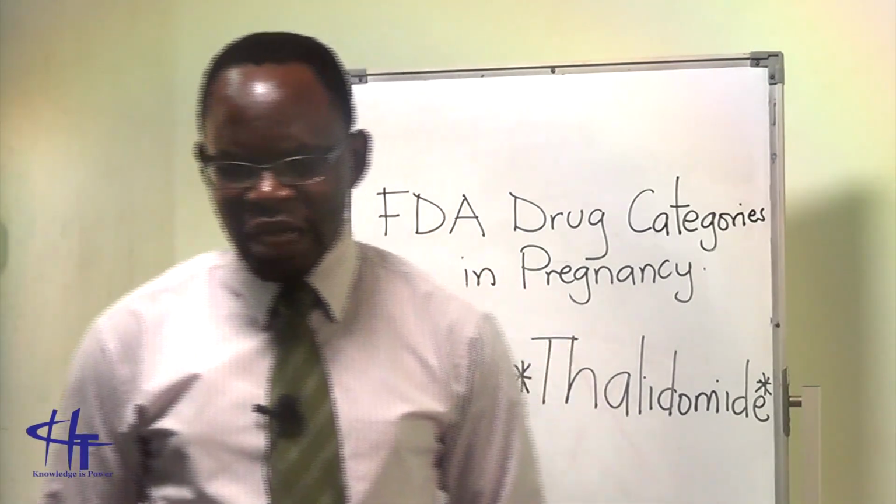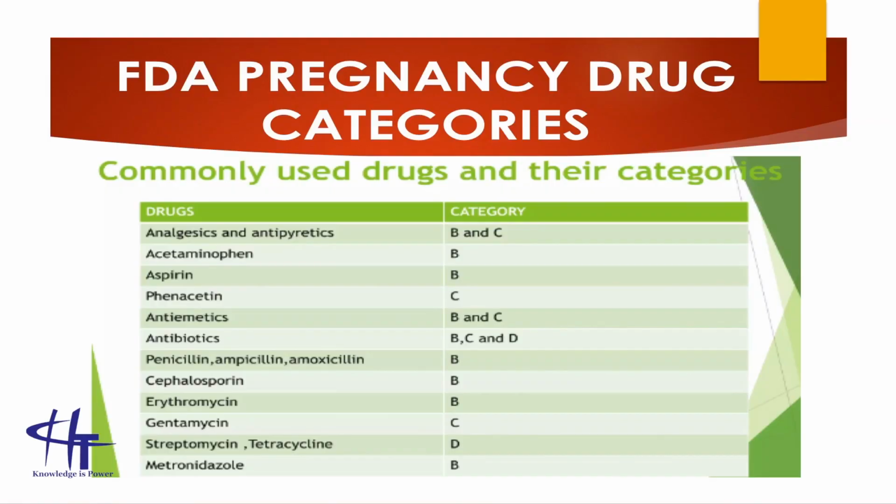So examples of these drugs, as we shall see, are drugs like antiemetics. Drugs like analgesics and antipyretics basically fall under category B and C. Drugs like acetaminophen, this is paracetamol, fall under category B. And antibiotics B, C, and even D. So the list is endless.